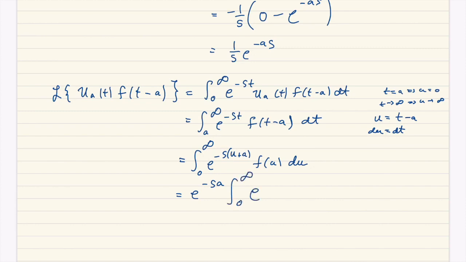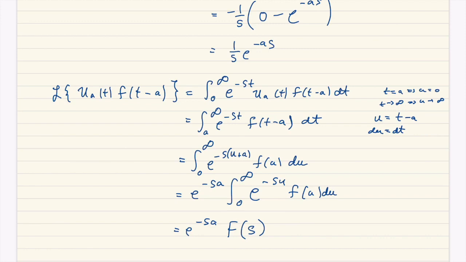I can bring the e to the negative sa outside. And I'm left with the integral from 0 to infinity e to the negative su f of u du, which is nothing more than the transform of our function little f, which we write as capital F. Okay, and so that's how this is going to work.